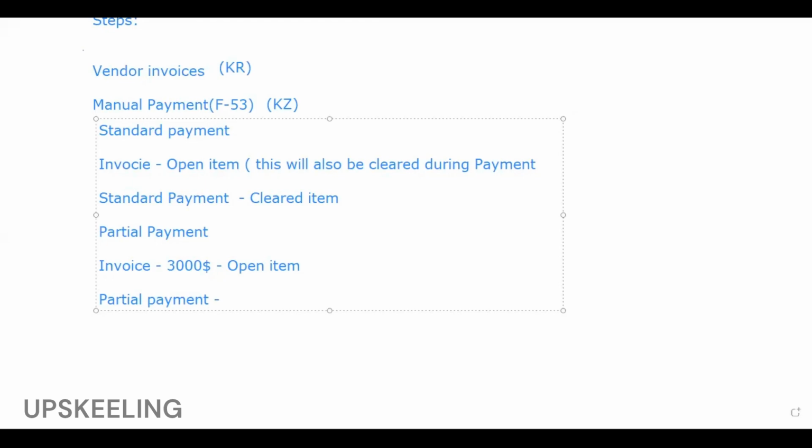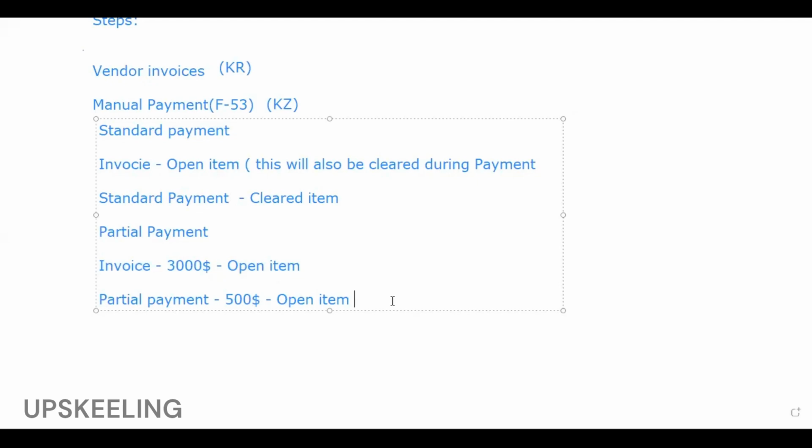How much will I pay? Let us say $500. It will be easy to understand. Now I make the partial payment, and this partial payment document will remain in the system as an open item. Why? Because it is not able to completely clear this invoice.